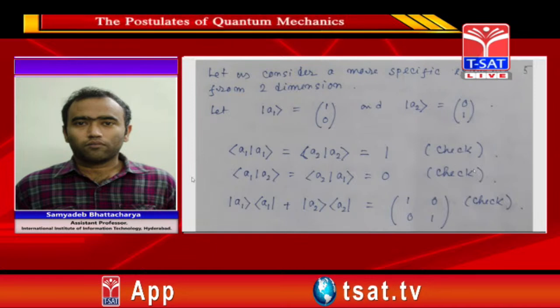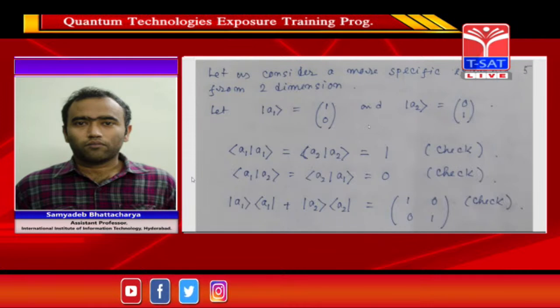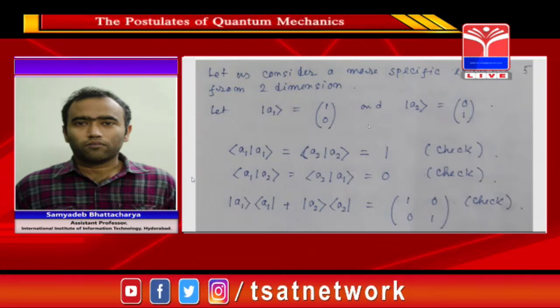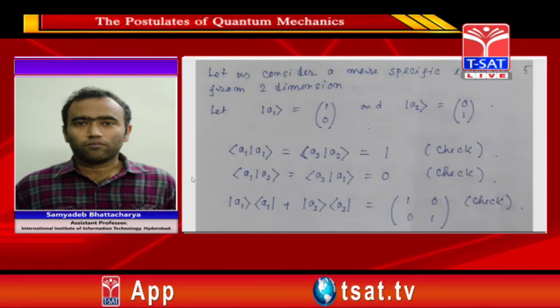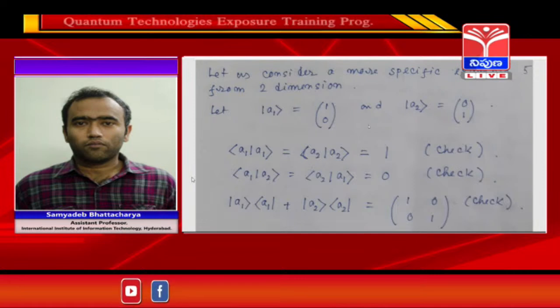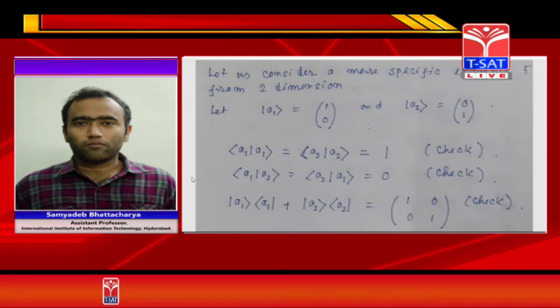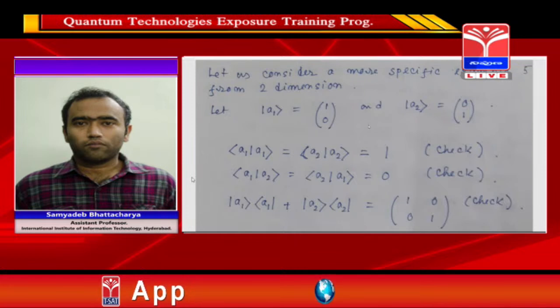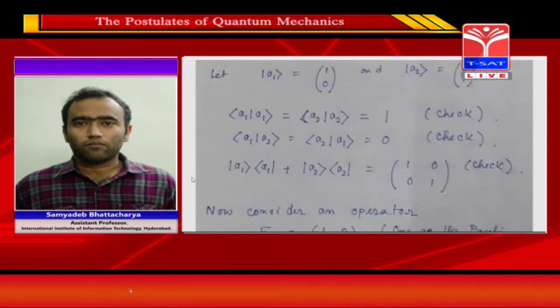Let's say one is A1, given by this matrix, and the other is 1 0 0 1 as well.